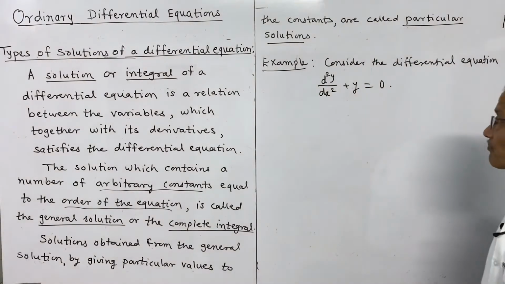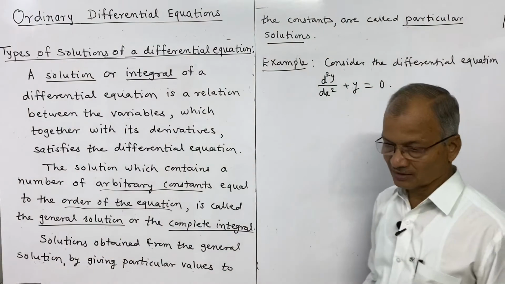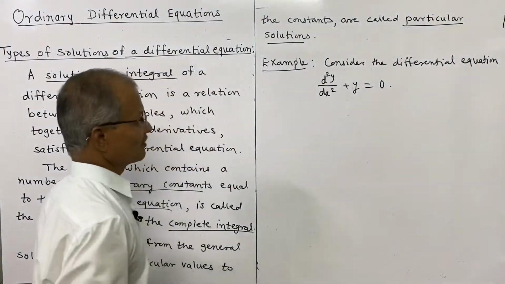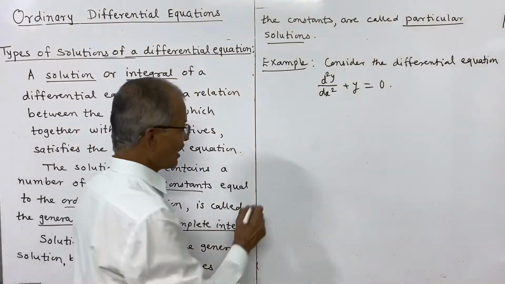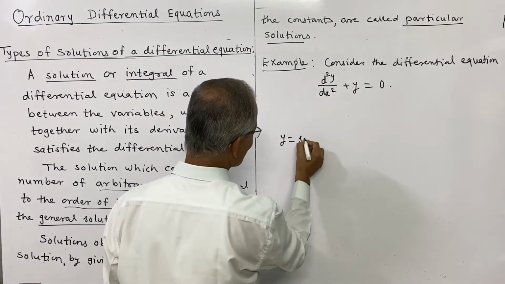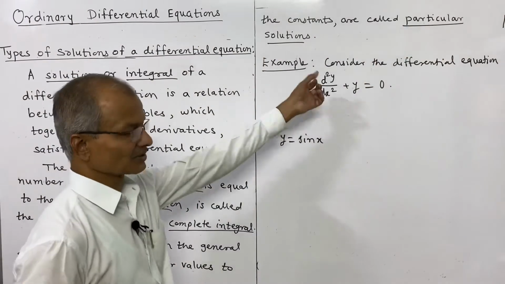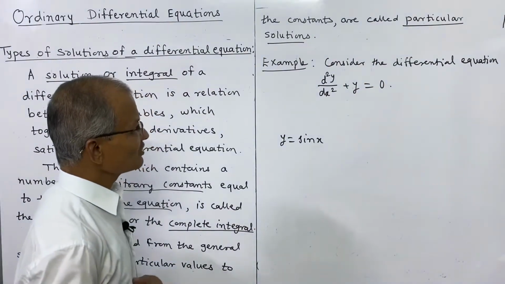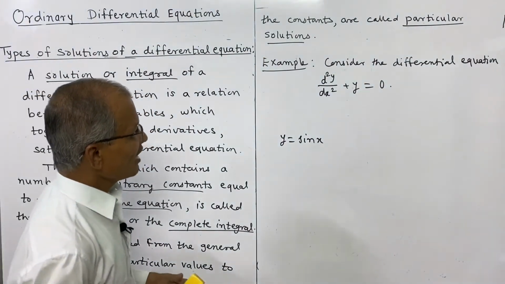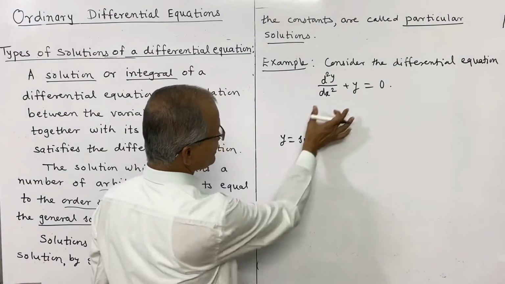So this is the differential equation that we shall consider. Now how to obtain the solution of this differential equation, that we shall see. If I consider y is equal to sine x, then that is a solution of this differential equation. It is very easy to verify.